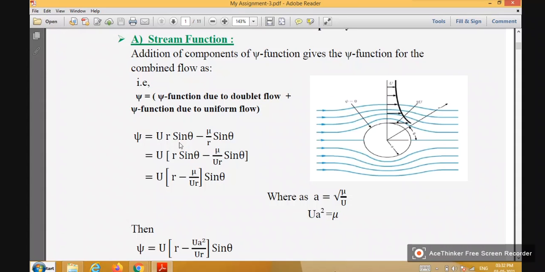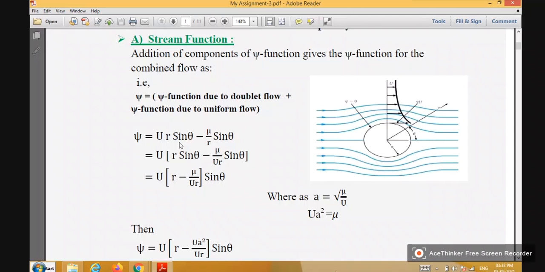See, I told you when you are introducing the combination, all of you also follow what I am saying, so that when you are making your presentation next, you follow this. First you have to identify the two types of flows, one is a uniform flow, the other is a doublet. Now you have to tell the characteristics of the flow. A uniform flow with velocity u in the x direction, that is okay. But how about the doublet?